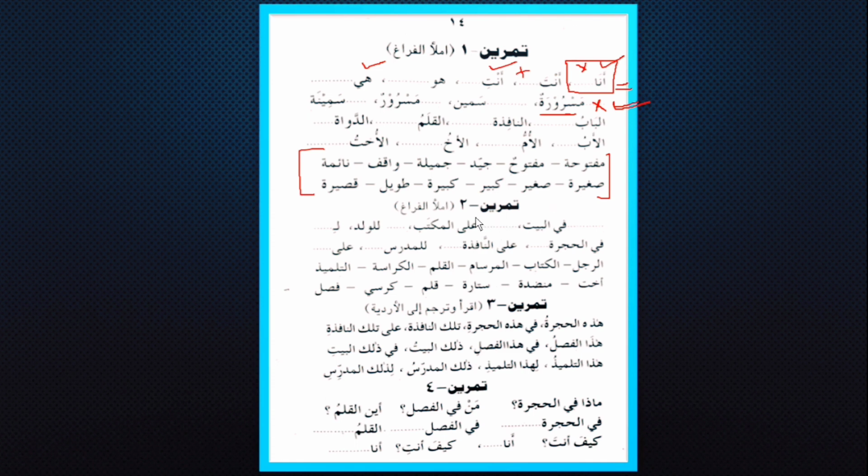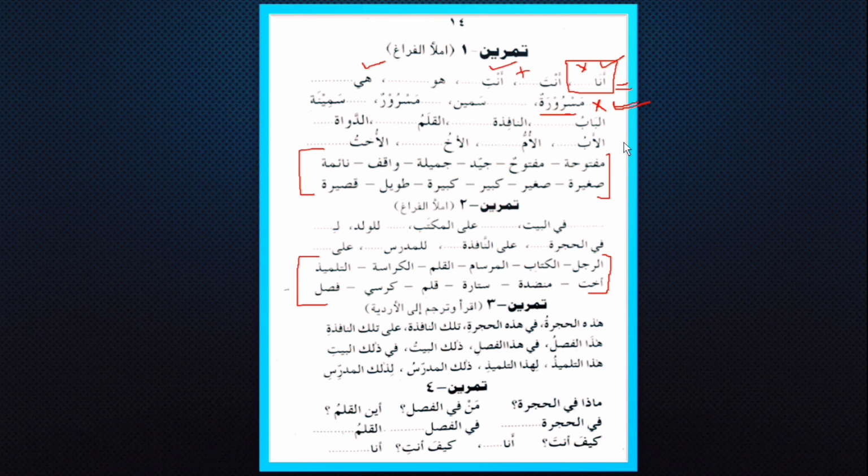Then we have tamreen number 2, imla al faraq. Again, fill in the blanks. Here we have words given, but there's a difference between the first tamreen and the second tamreen. In the first one, we have only two words. The sentence is complete using two words.